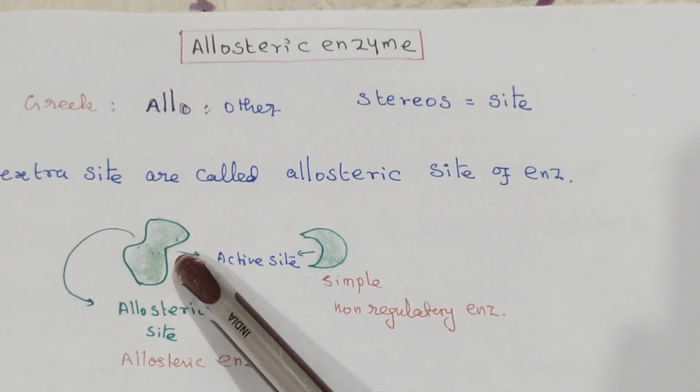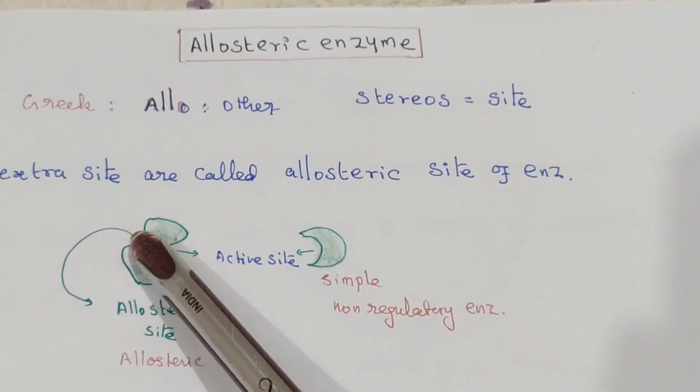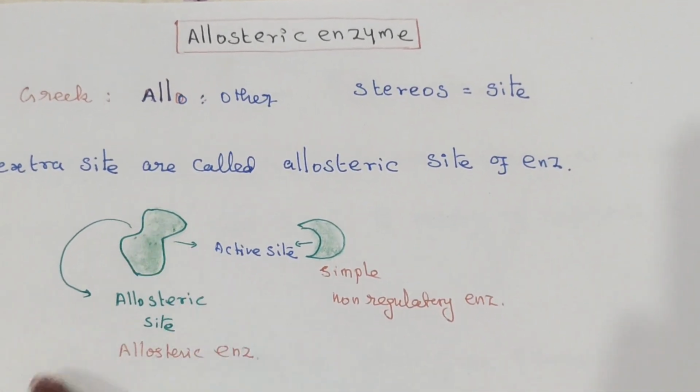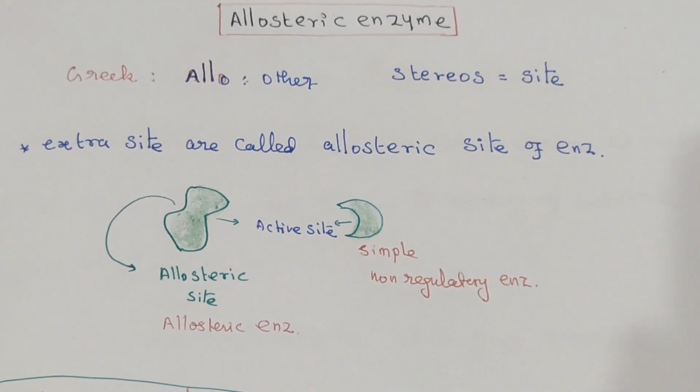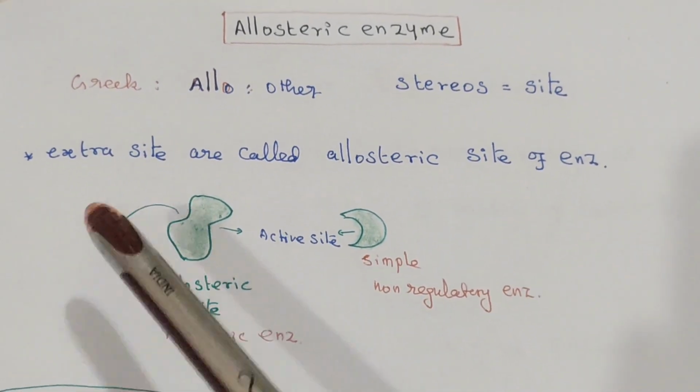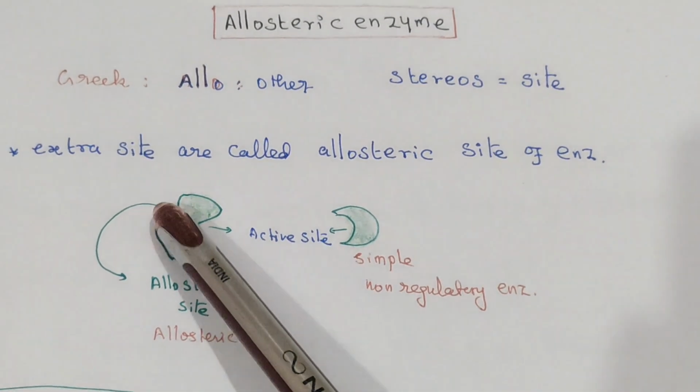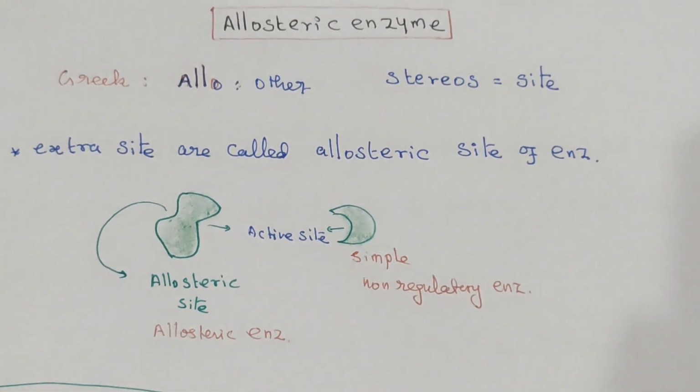Here the active site is presented, along with an additional site. That extra site is called the allosteric site.